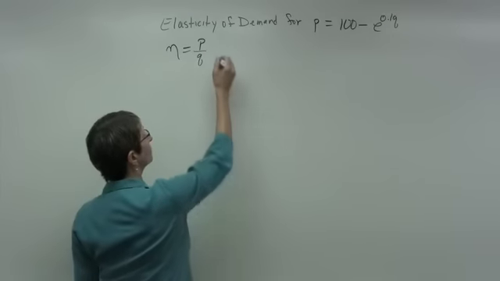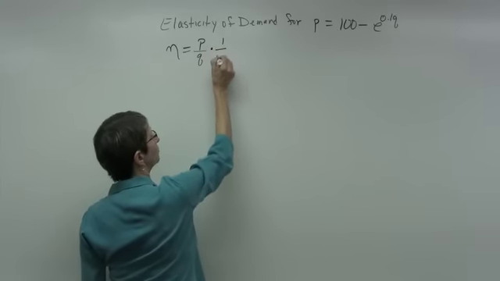So we use the formula where this is times 1 over P prime.